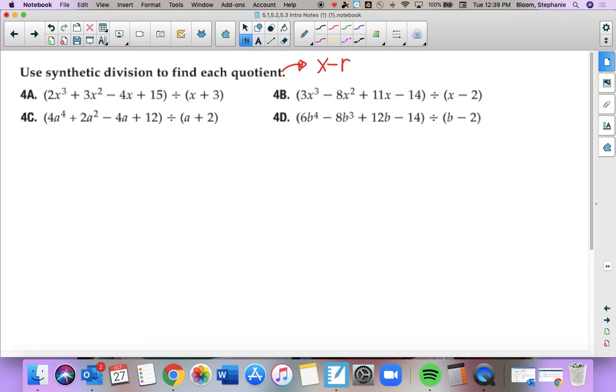So the key is this has to be a 1 right here for this to work. The way you set it up is you put your r in a little bracket, and then to the right, you put the coefficients of your polynomial. We're going to look at how you do that.